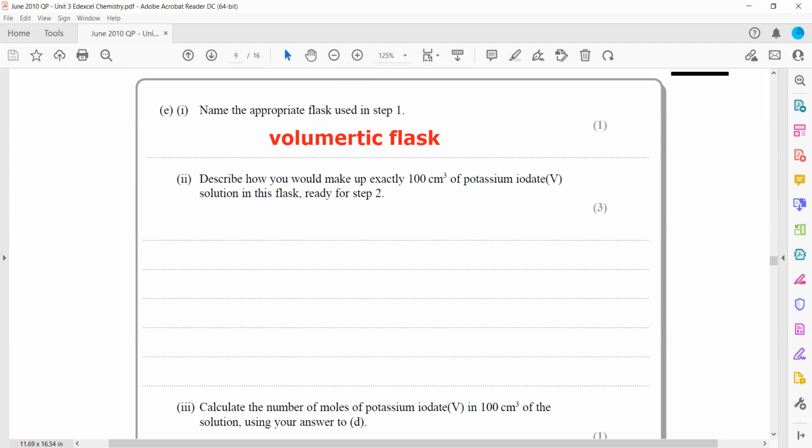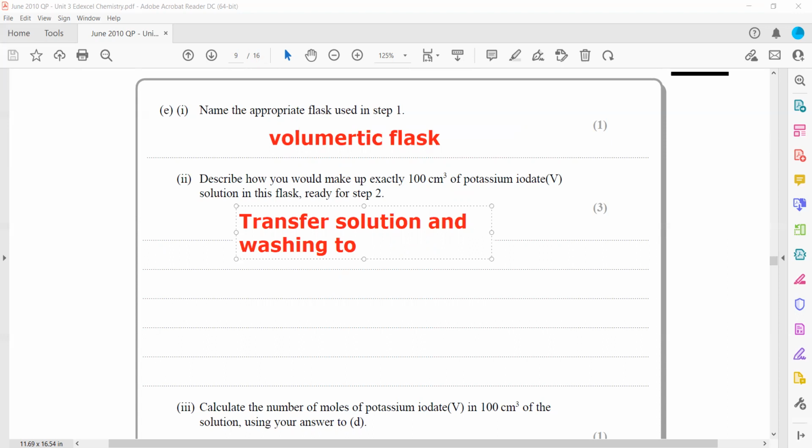We'll transfer the solution and the washing, like we'll wash the container and all of it will be transferred to the volumetric flask.